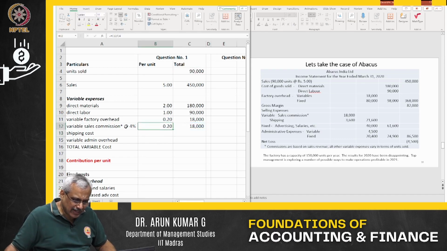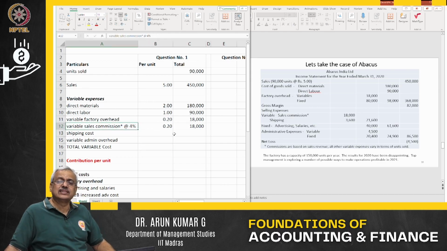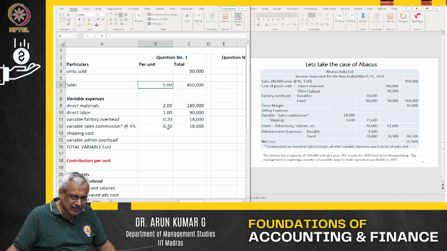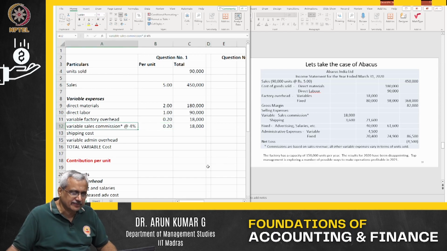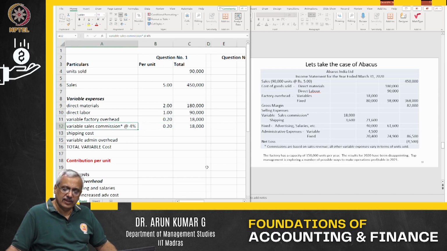This 0.20 translates to about 4%. 4% of 5 rupees is 0.20. I have written it down very clearly.